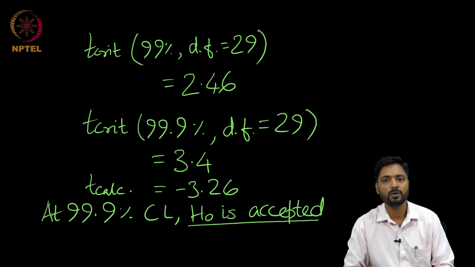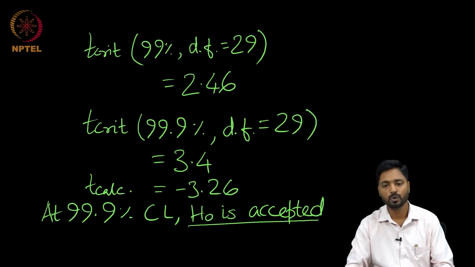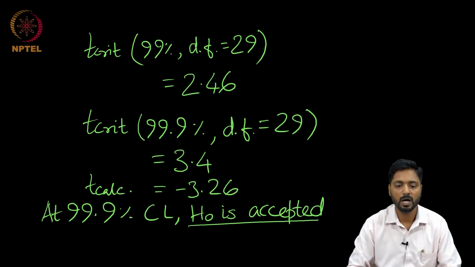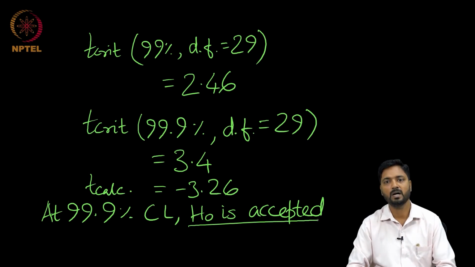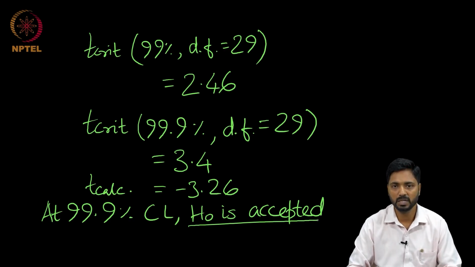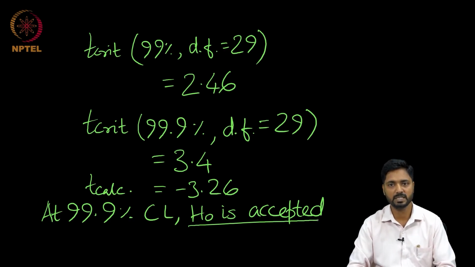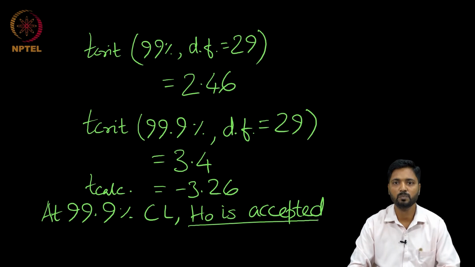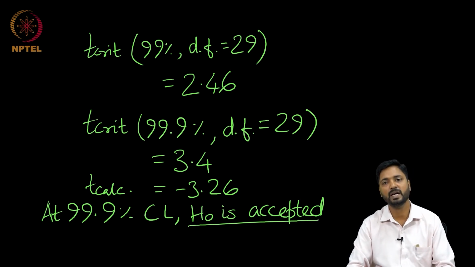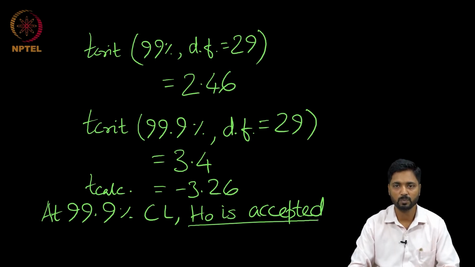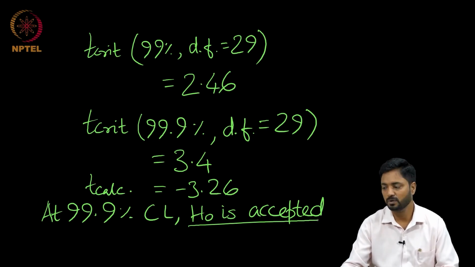So, I hope with this example you understood how t critical and z critical values are to be found and how you can utilize the t test or the z test to tell whether a reading is different from a population mean, and not just different, whether it is greater than or lower than the population mean at a certain confidence level.